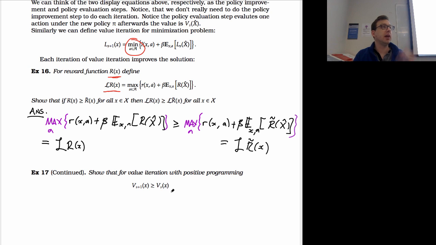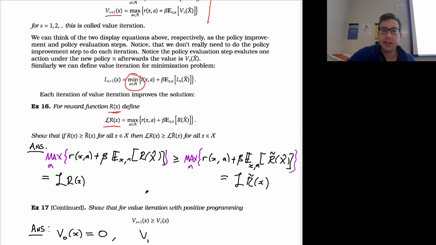So the values are going up. Why is that? It looks like a much more difficult statement to make than this, but it isn't actually. So at time 0, what's the value of everything? Yeah, 0.